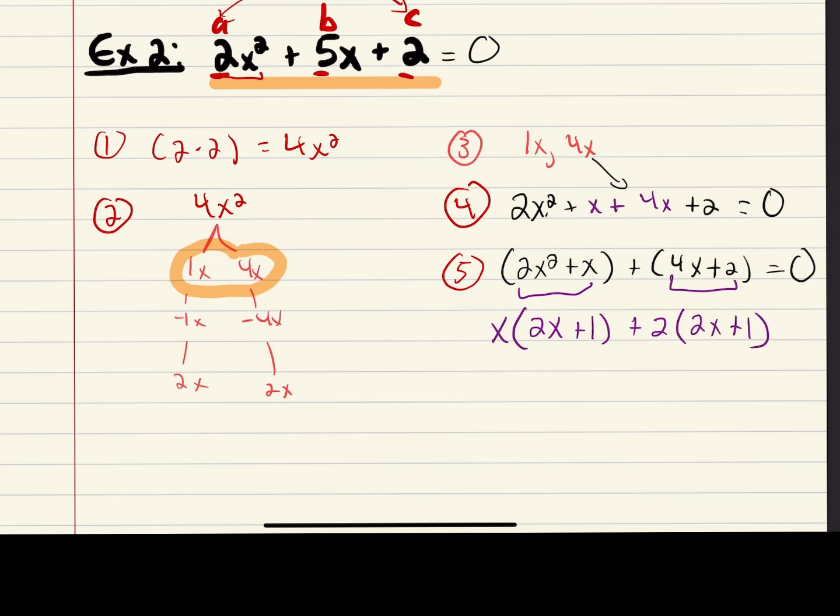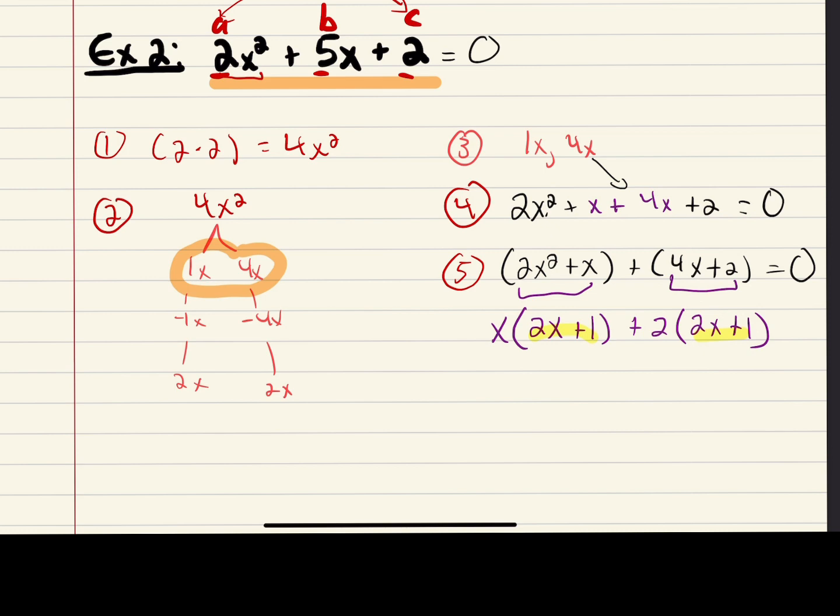Like we said previously, whichever one occurs twice, you can always just simply pull that out or factor that out for the next step. But mathematically, what's actually happening here is that now this expression has 2x plus 1 common to each term. So we can actually just factor it out because of that.